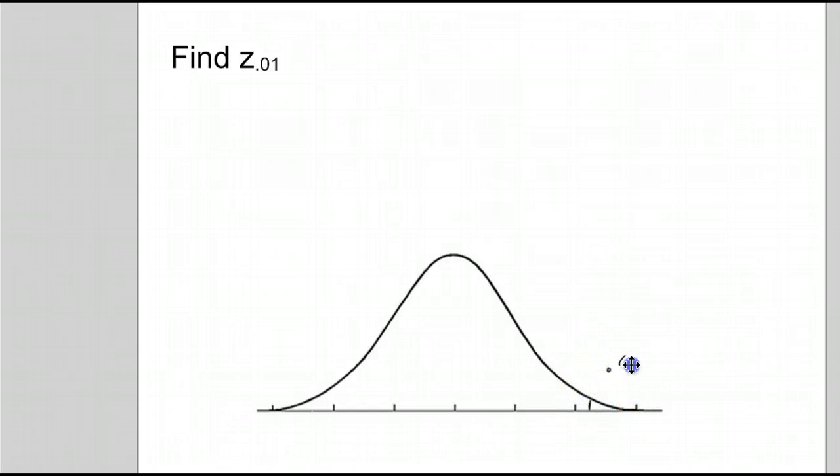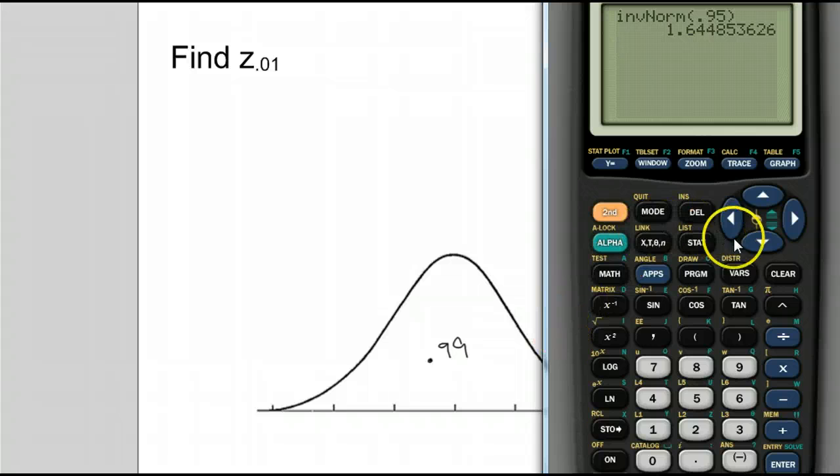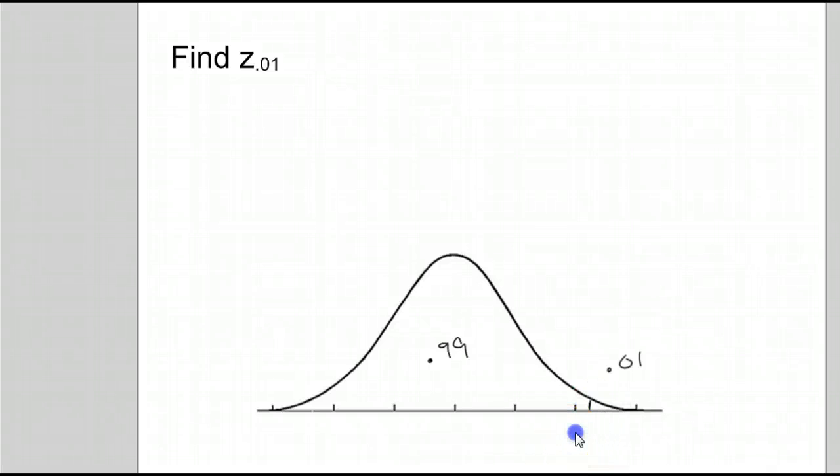Now the area is only 1% in that right tail. So that area to the left is 0.99. So now I'm going to do the same thing, just hit second enter, bring back the last thing I did. That's 0.99, that's 2.33 roughly, to 2 decimal places. Sometimes they'll have you round to 2, sometimes they'll have you round to 3. It has to do with the table why we round it to 2 or 3. But anyway, that's how you use your calculator to find these.